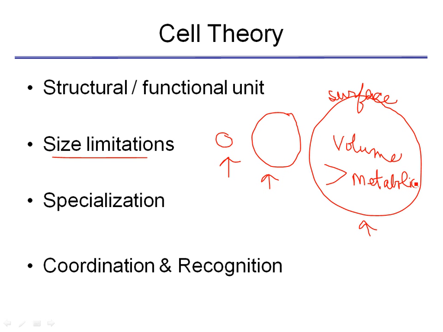So it turns out cells naturally can't get very big because they can't have enough cell membrane to support being that big. Cell theory also tells us that cells can become specialized and that in a multi-celled creature like us, they are highly coordinated and they have the ability to recognize and communicate with each other.